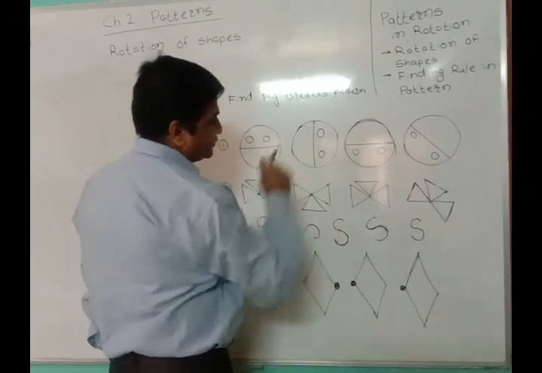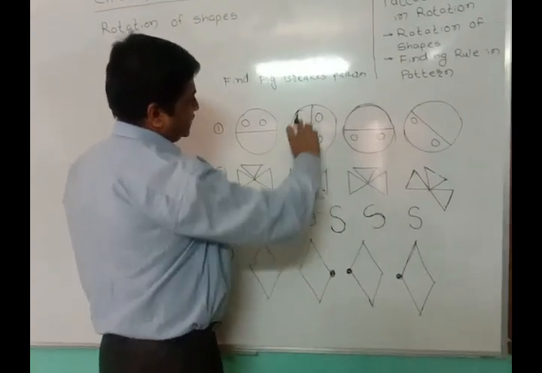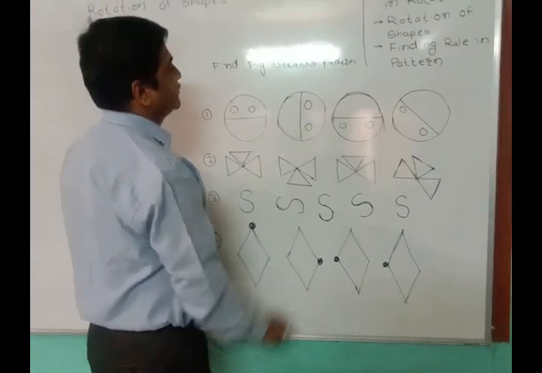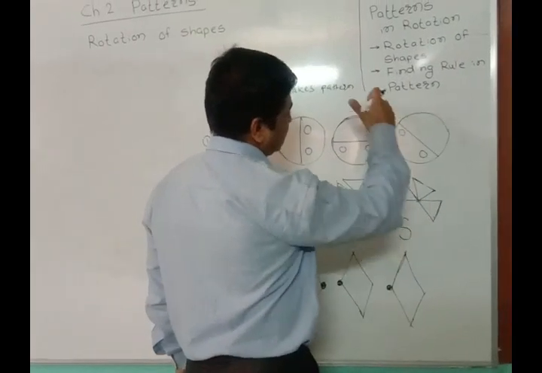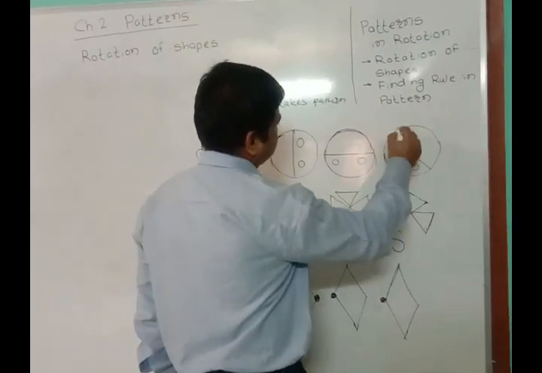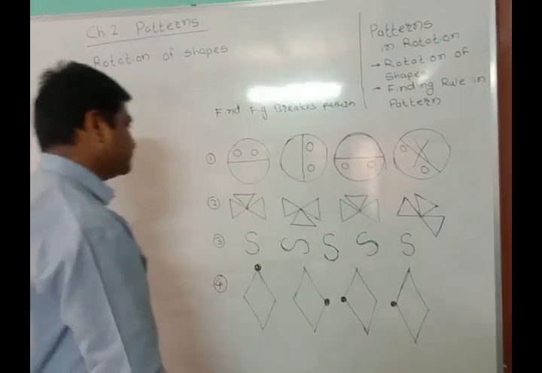So the next position will be eyes on the left, and this line at the center will be perfectly vertical. But here the line is sloping and the eyes are on the downside. So the pattern breaking figure is this one.